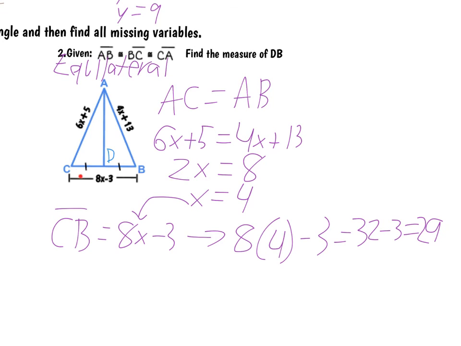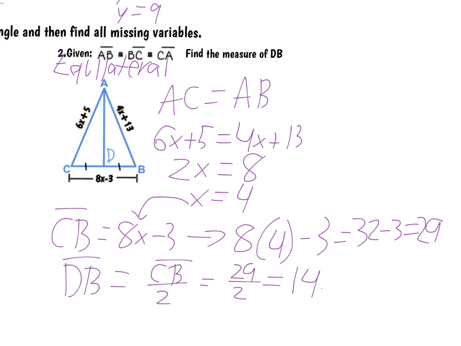We have congruency here between these two, which means that D is a midpoint of CB, which means that DB, by the midpoint theorem, is equal to CB over 2, which is equal to 29 over 2, which is equal to 14.5.